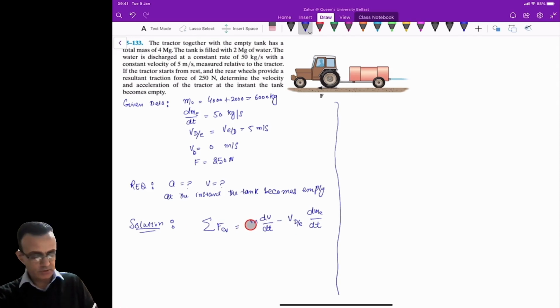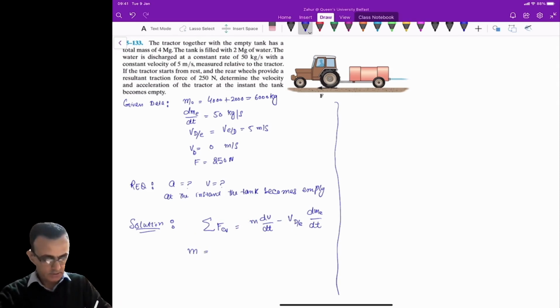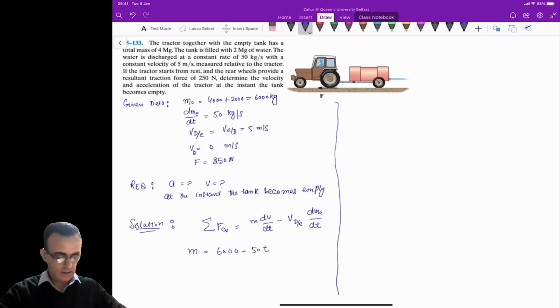So we need to calculate m, which should be a function of time here. So we know that m, which is the current mass, should be equal to the initial mass, which is 6,000, minus 50t. So this is the current mass, because the rate at which the water is getting out of the tank is 50 kilogram per second.